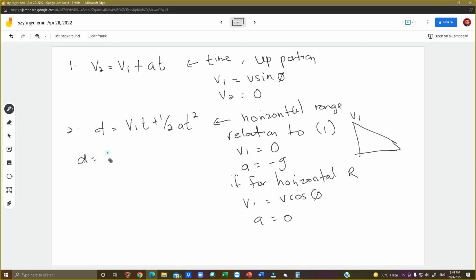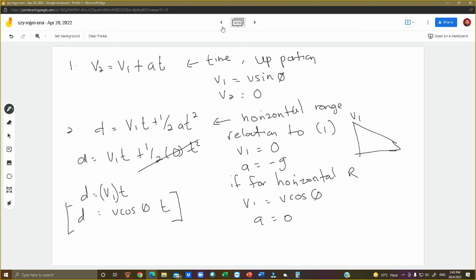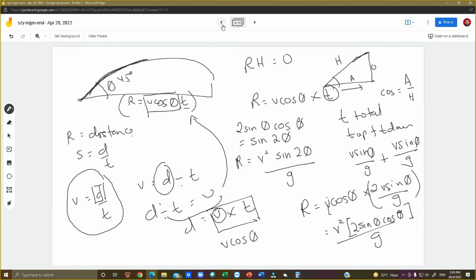D equals to v1t plus half a t square. If this a is changed to 0, automatically yang ini kita boleh potong. Kamu tinggal v1t, where v1 equals to v cos theta, T lah. Nampak tak equation ni? This equation is actually the same equation as this one.